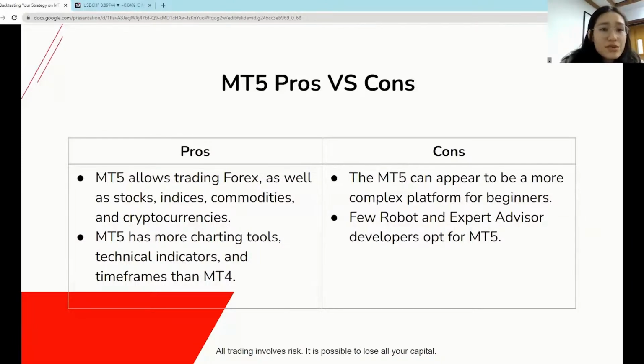Some pros and cons for MT5: it allows more markets for you to trade, has more charting tools as well, and more time frames. But it can appear to be more complex for beginners, and few robot and EA developers opt for MT5.